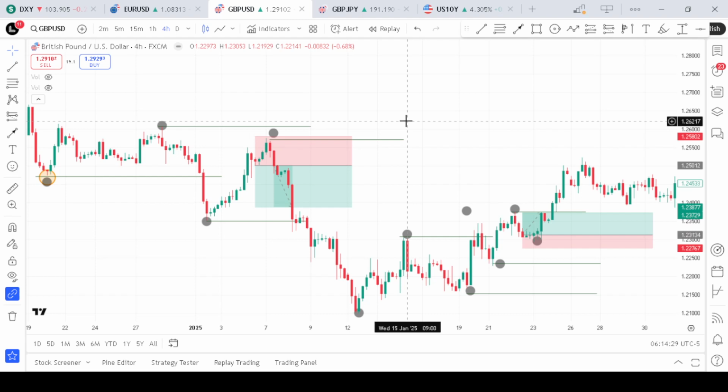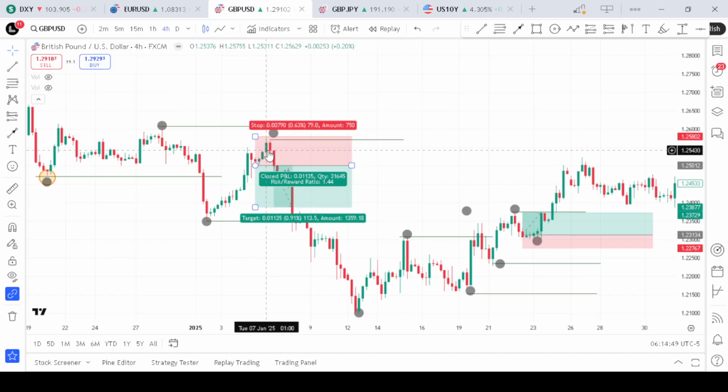When you are glued to your screen, you are more likely to make impulsive decisions that deviate from your trading plan. Remember, swing trading is about capturing medium-term price movements that typically last for several days to weeks. You need to give your trade room to breathe and develop over time.